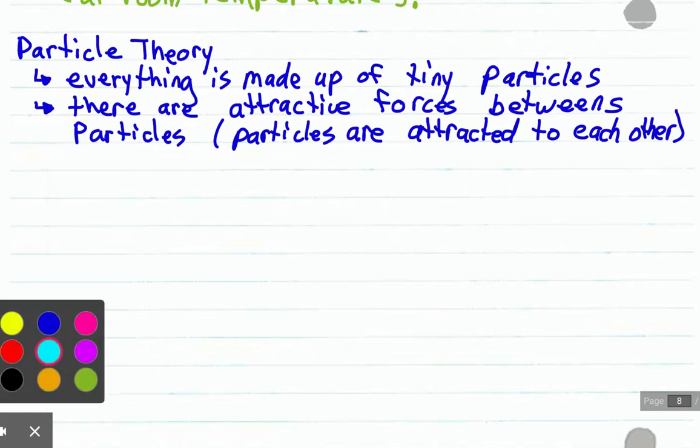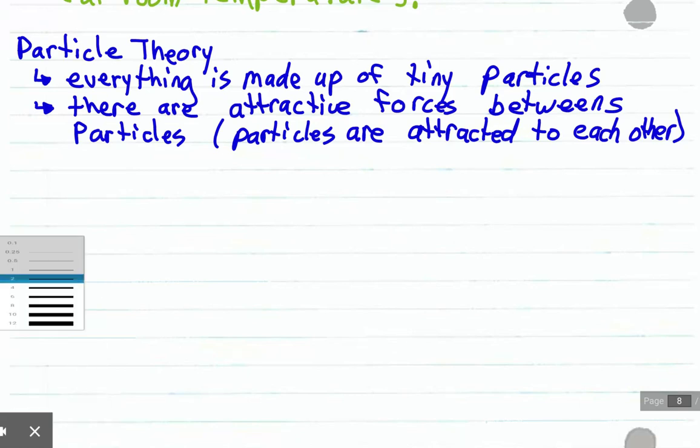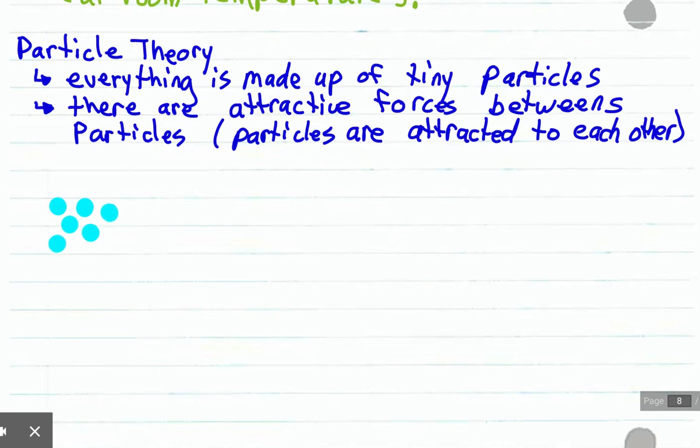So if we look, let's draw a little picture of some particles here. I'm just going to use my pen to make dots. All right. So my particle theory says that everything is made up of tiny particles. So I'm going to make my particles. Here we go. Okay.